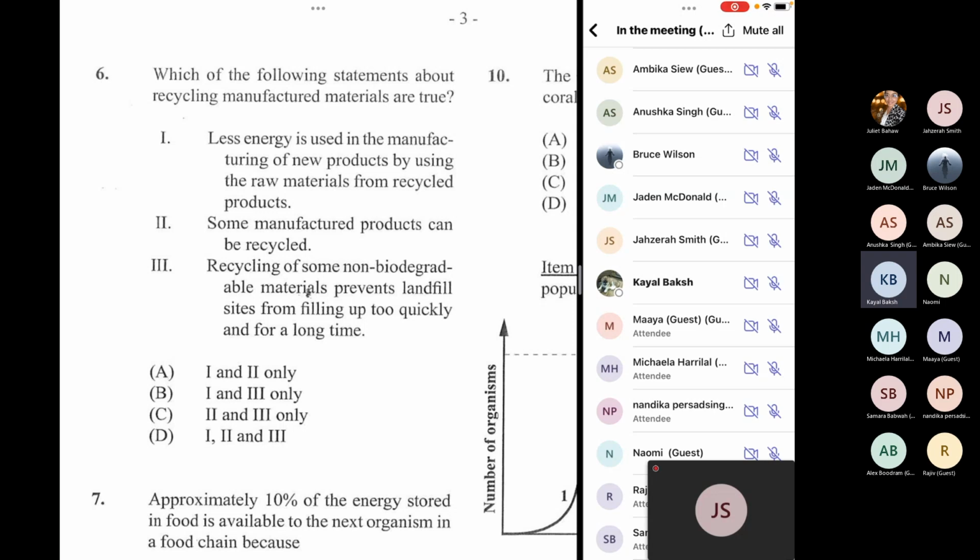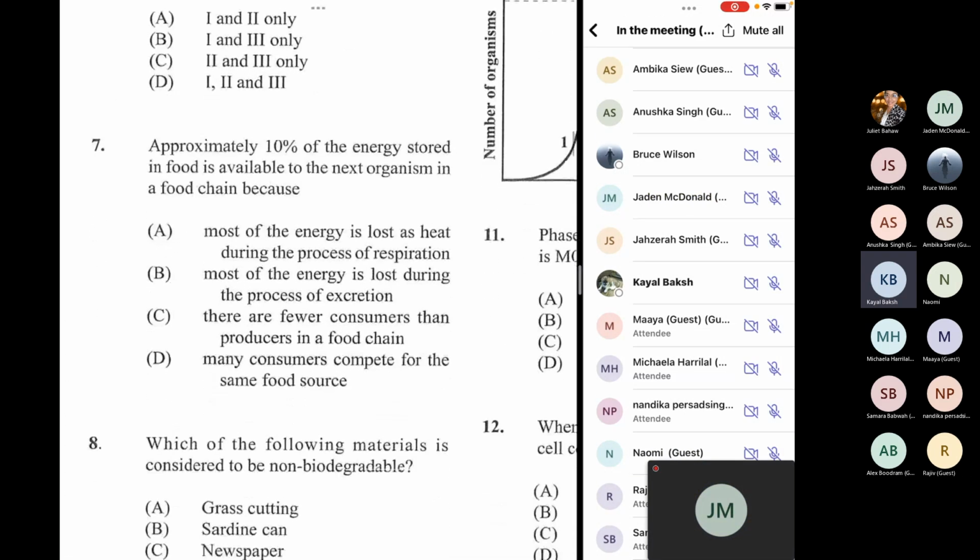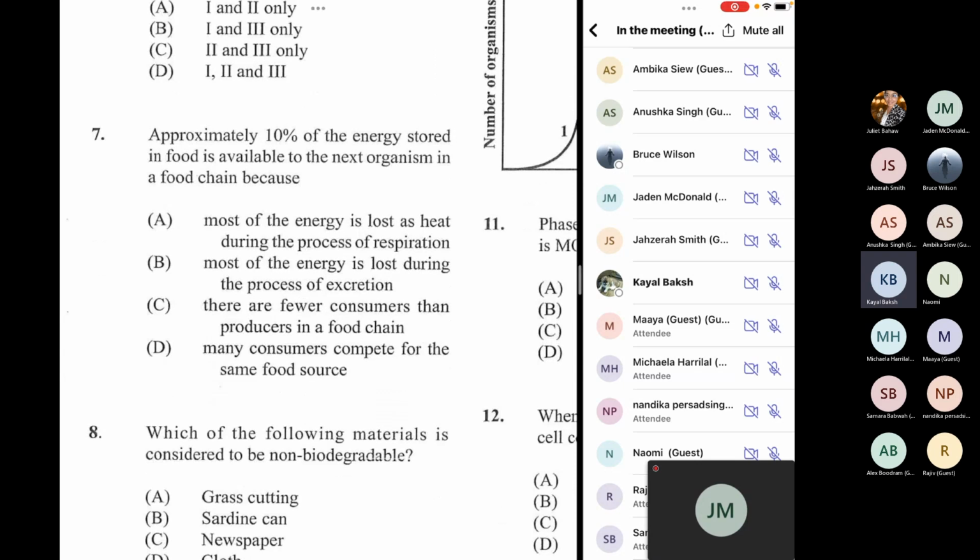What answer did you all have? I had B, miss. I hear B, 1 and 3. No, I said D, as in dog. All of those are true. Right? This is something that is repeated. All right, number 7. Maya?